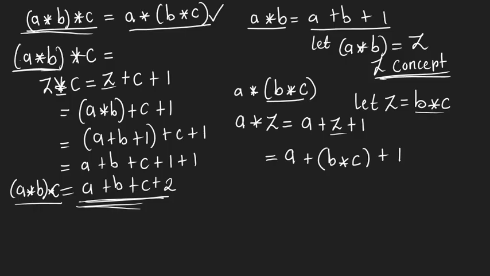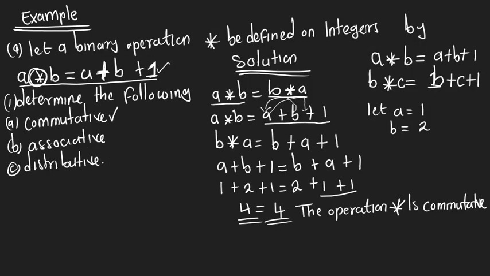Now notice that we have B star C there, right? B star C can also be written as, because we are performing star again here, B plus C. Why a plus? Because according to the question, our star is a plus.